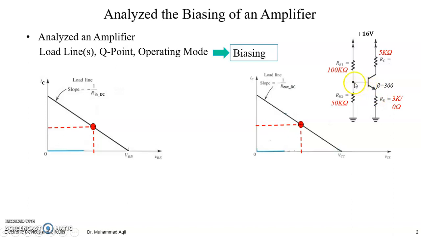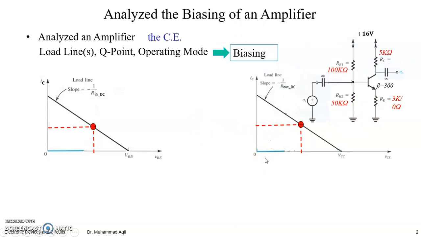Similarly, for that base voltage, we have set a collector potential by using a power supply and the resistor RC to have a reverse bias potential here, to have effectively the active mode of operation for amplifier application.